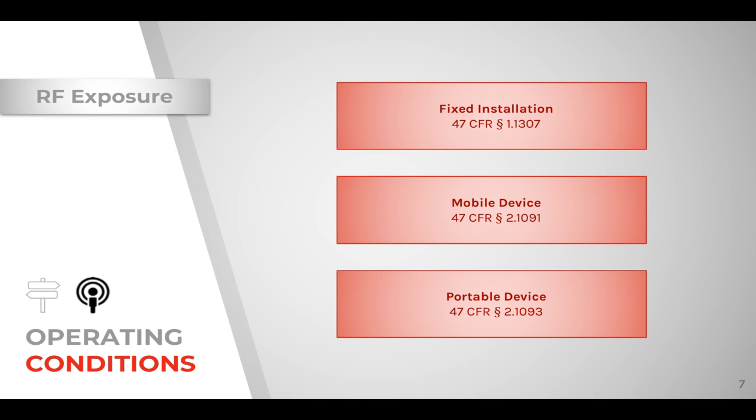Moving on to portable devices. With mobile devices, you would think of something like a smartphone, but actually a smartphone would be considered a portable device under the FCC's definition. Portable devices are transmitters that are used within 20 centimeters of the human body, so the radiating structure of the device is normally within 20 centimeters of the human body.